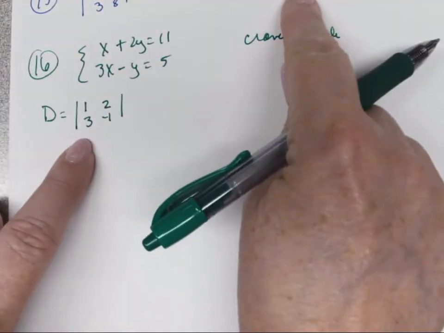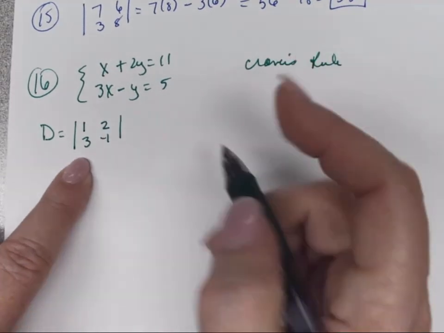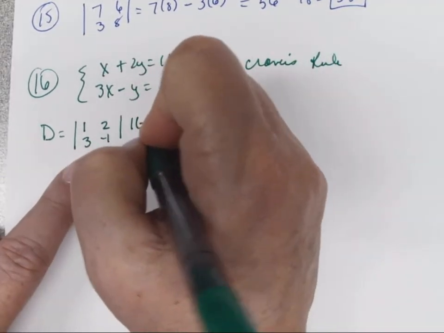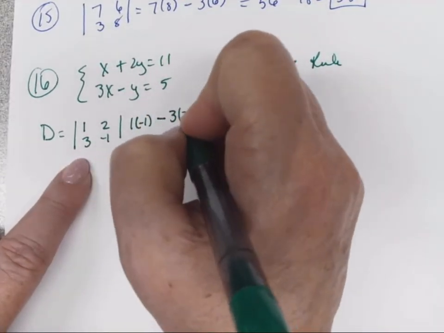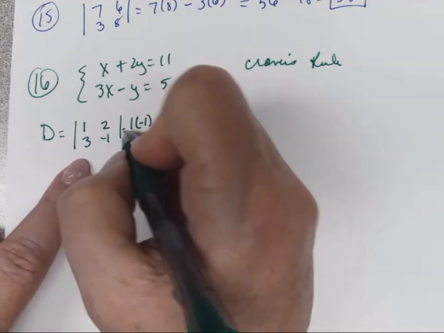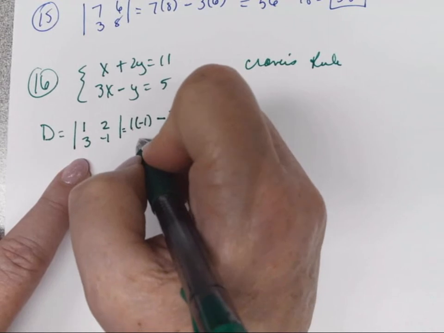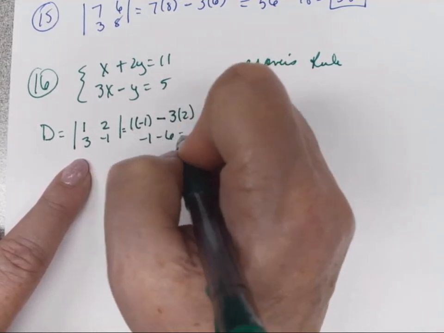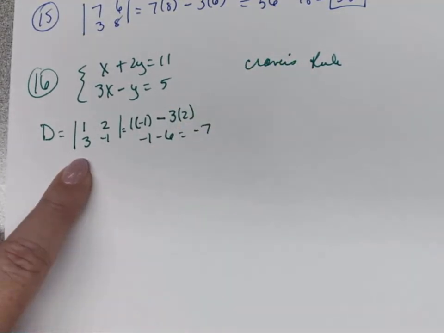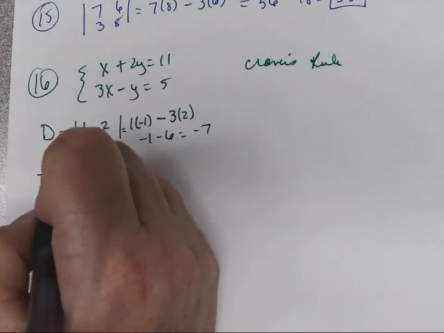So we're going to do it just like we did the previous problem. So 1 times negative 1 minus 3 times 2. So 1 times negative 1 will get us negative 1. Minus 6 will be negative 7. Okay, let's find Dx.